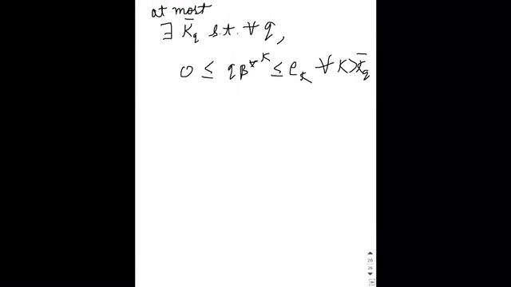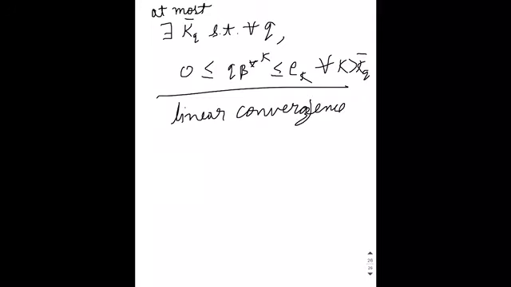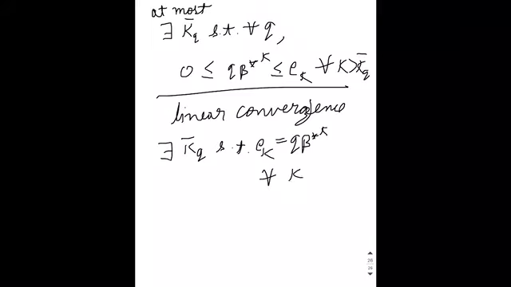Now we say e_k converges linearly with convergence ratio beta star if there exists k_q bar such that e_k is equal to q beta star to the power k for all k greater than or equal to k_q bar. Now this was at least and at most, and this is linear convergence.